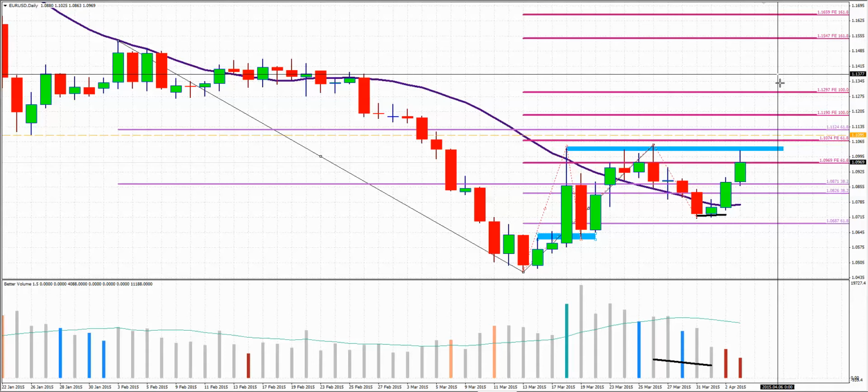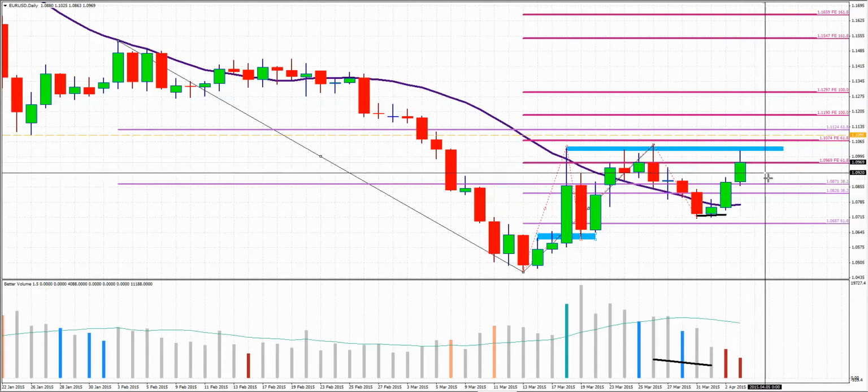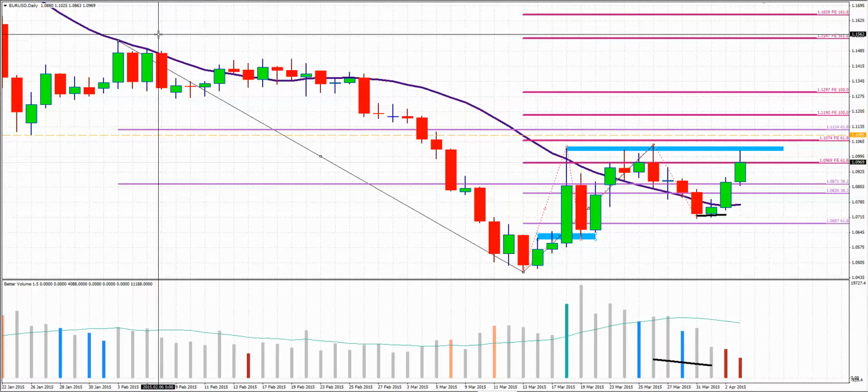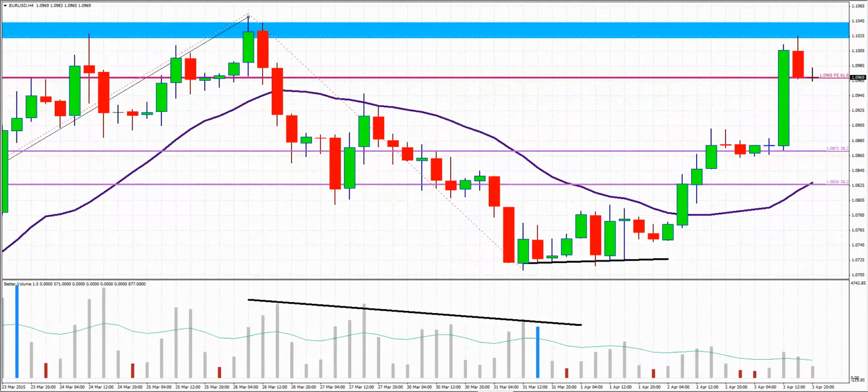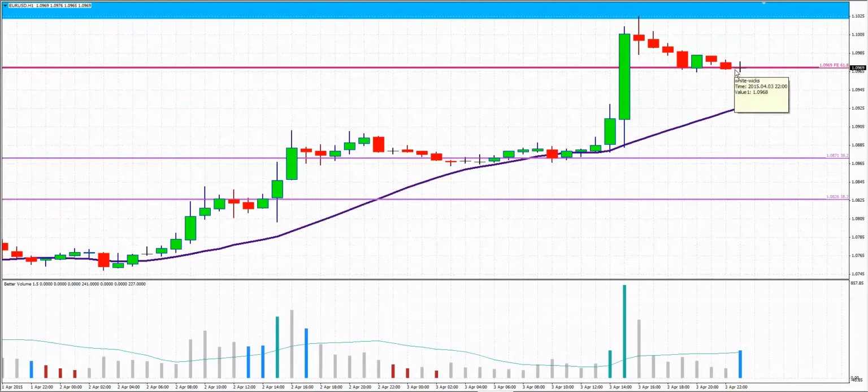If the price creates a strong rejection and we see a change of behavior also on the 4-hour and 1-hour, that will confirm the dynamic change from bullish to bearish.